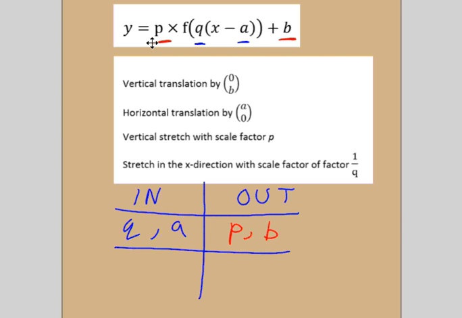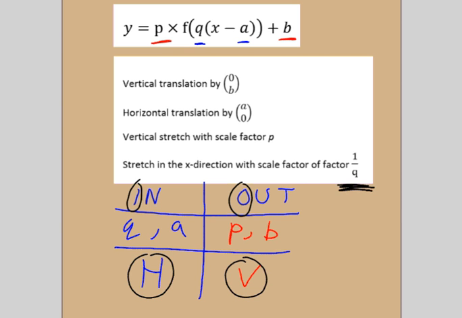The ones inside affected the horizontal. The ones outside affected the vertical. And you can see that horizontal, H comes before V in the alphabet, I comes before O. That's just a little trick to help you remember. And be very careful on this one. The scale factor is 1 over q.